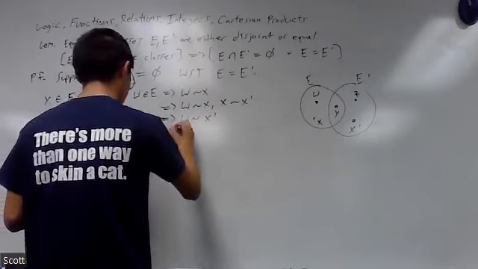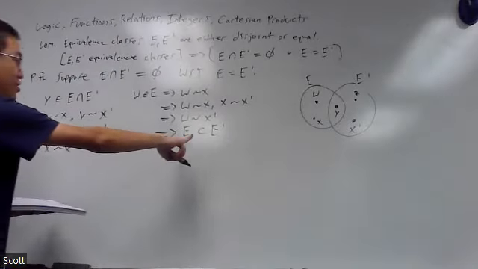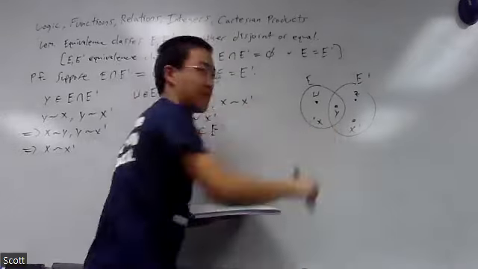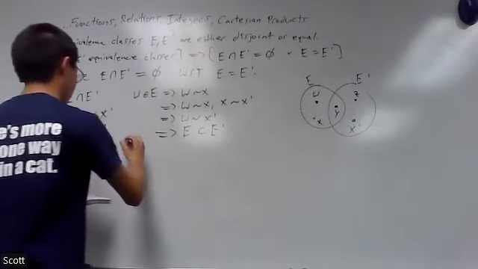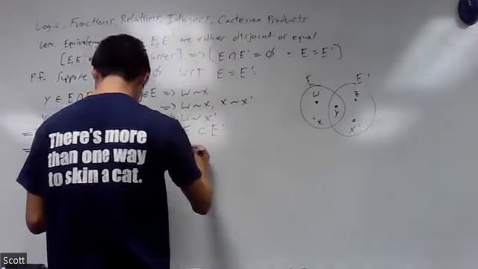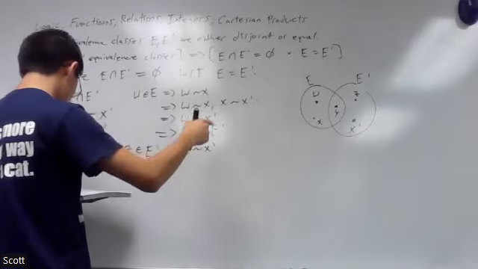And so we have that E is a subset of E prime. To show equality, we're going to show that E prime is then a subset of E using another element, Z in E prime. If we have Z in E prime, then Z is relating to X prime by definition.